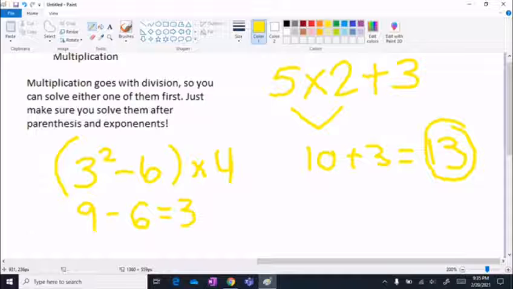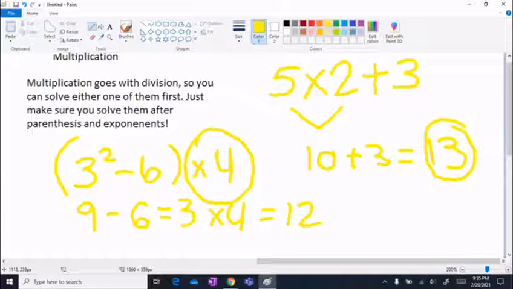So our answer to what's inside parentheses is 3. We still have this times 4 out here. So we're going to do 3 times 4. If you only know, 3 times 4 equals 12. So that's our answer to the second problem.